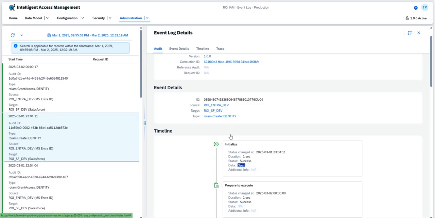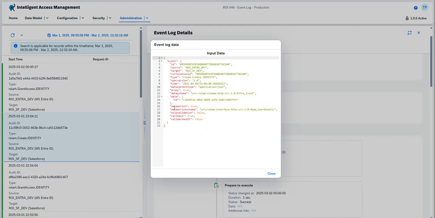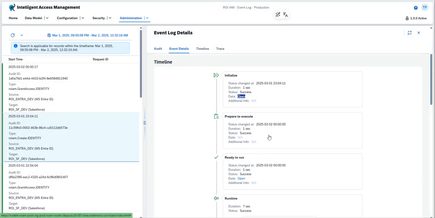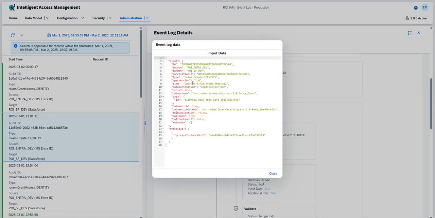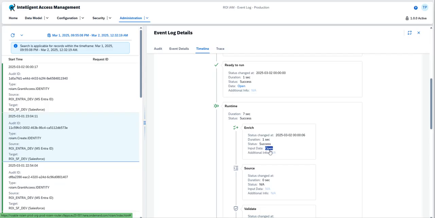We can also see the event structure that was sent, and you can see that the only thing that the data provides for this event is the ID that Entra has for a particular user that needs to be created. Then, using the enrich process right here, we are able to get more information about the user and practically retrieve only the needed attributes for the purpose.